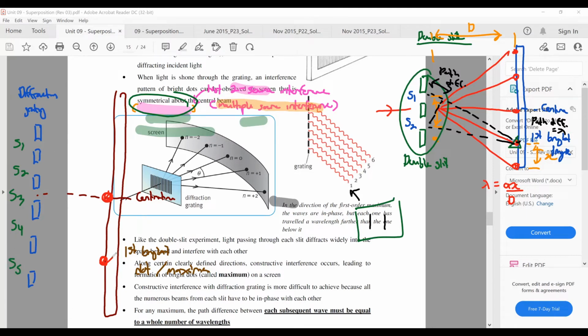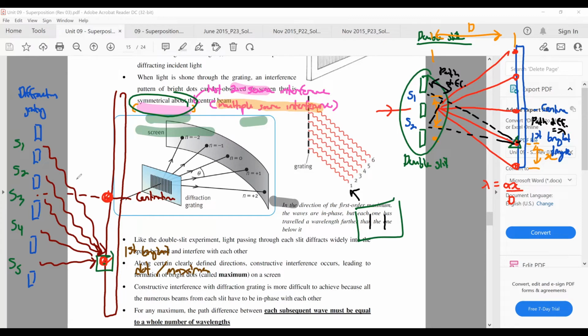When the waves from your diffraction grating arrive at this particular spot, all the waves from each of these slits must arrive at this spot in order to give you your bright dots. So what we'll say here is that S1 will arrive here, S2 will arrive here, S3 will arrive here, S4 will arrive here, and then S5 will arrive here. So you can see that they all don't arrive at the same time.